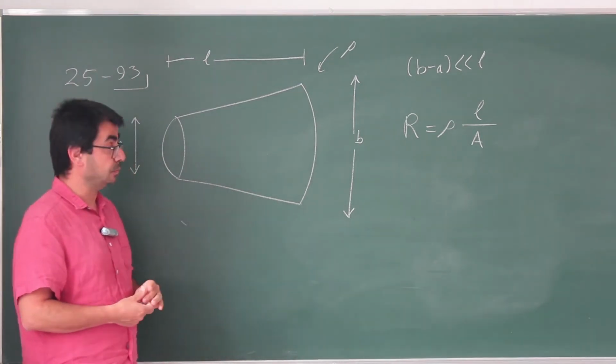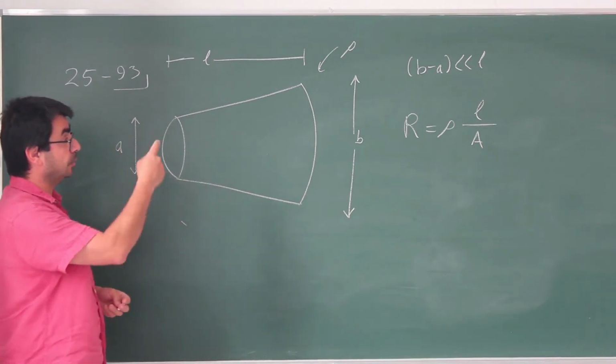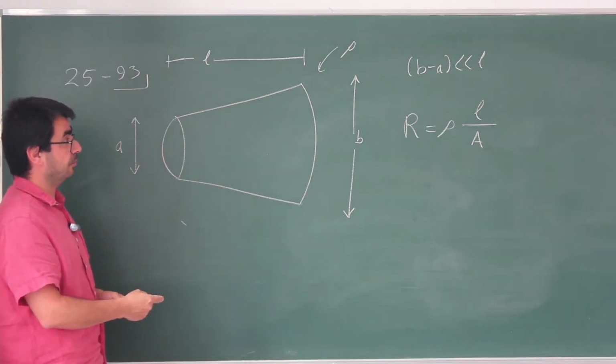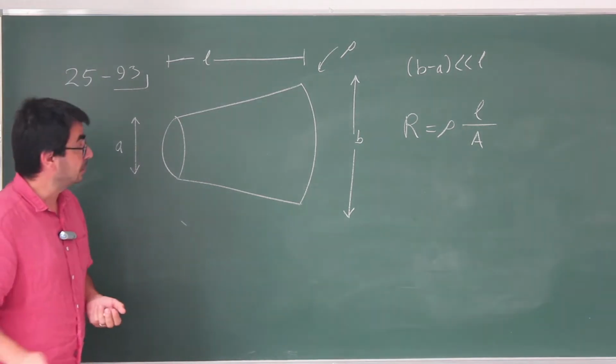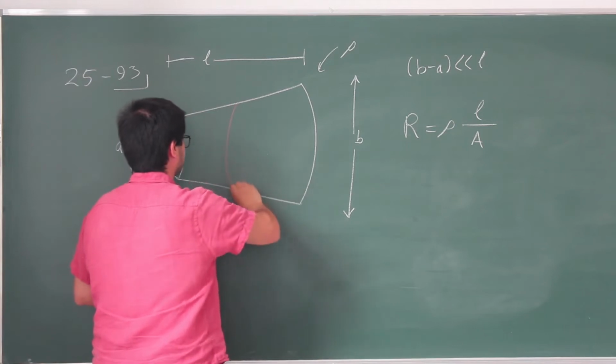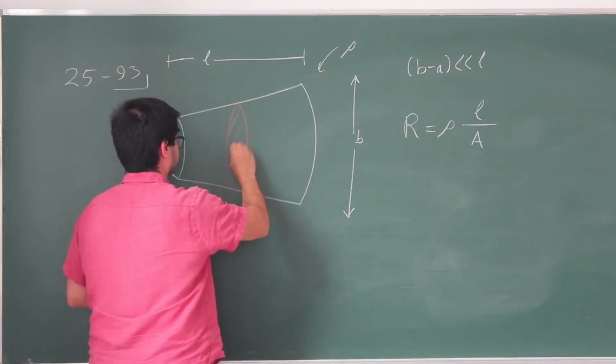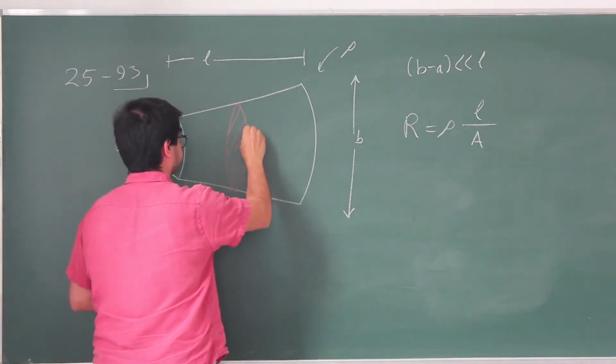What you need to do is divide this into little parts where you can actually apply this formula. The most natural way is to take little circular discs of radius r.